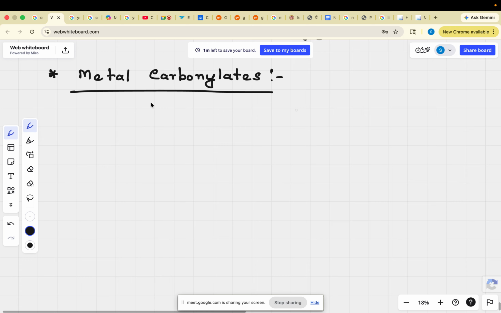So basically you will have a negative charge. Similarly, suppose in organic chemistry you have CH3 C double bond OH. This is your acetic acid.